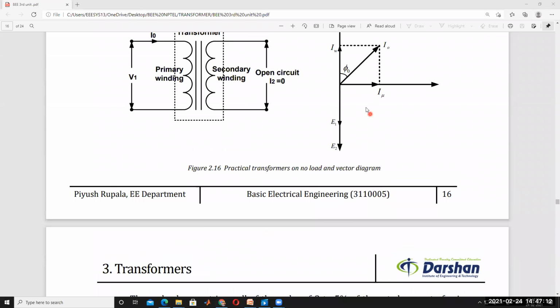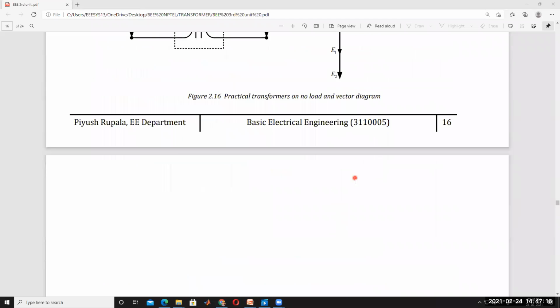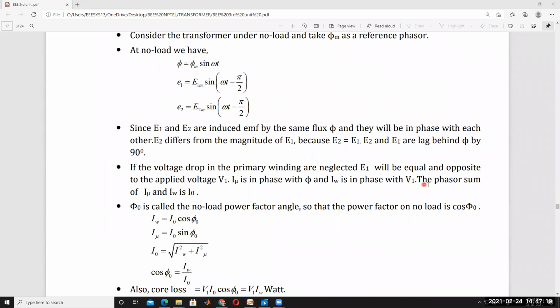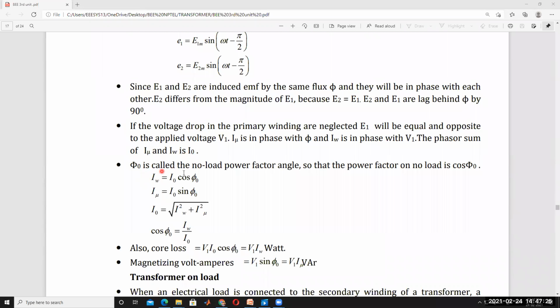Iμ is in phase with φm, and Iw in phase with V1. The phasor sum of Iμ and Iw is called I0. Then φ0 is called the no load power factor angle. I've already explained this concept, so the no load power factor is cos φ0.